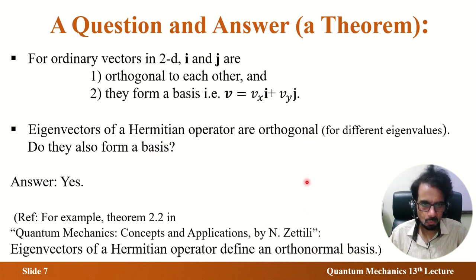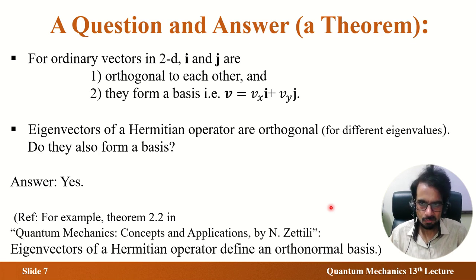The word there is orthonormal basis. That should not be new to you. Orthonormal means orthogonal, and orthogonal I have shown here. And normal means the dot product with itself is equal to 1, and that is nothing new. I have used it two slides ago as well: psi n dot product with psi n is 1. So the theorem should be familiar to you.